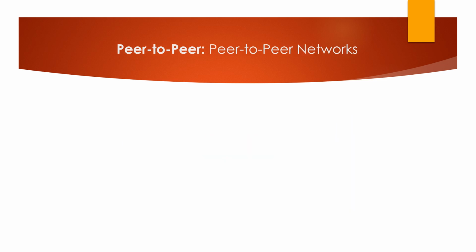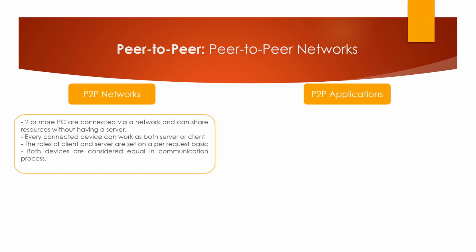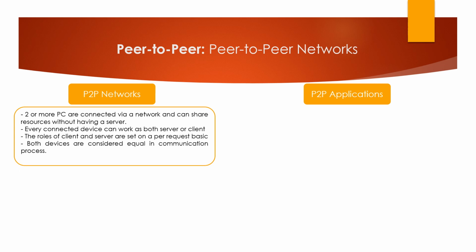And in the peer-to-peer networking model, the data is accessed from a peer device without the use of a dedicated server. The peer-to-peer network model involves two parts: peer-to-peer networks and peer-to-peer applications. Both parts have similar features, but in practice they work quite differently. In the peer-to-peer network, two or more computers are connected via a network and can share resources without having a dedicated server.